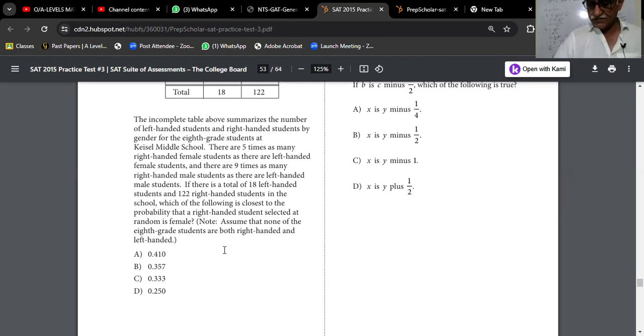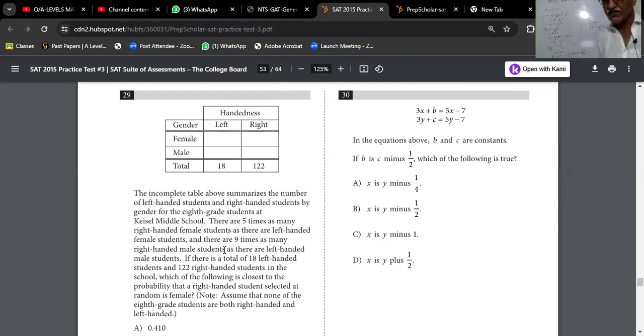Now 30th question is: if 3x plus b is equal to 5x minus 7 and 3y plus c is equal to 5y minus 7.